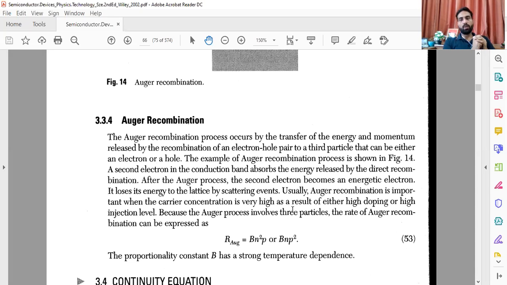Suppose this electron gets some energy. What happens?